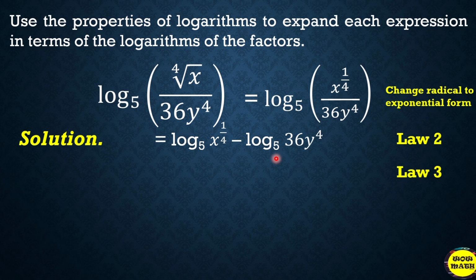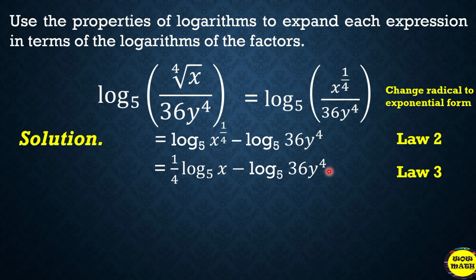And then, okay, using the logarithm of a power, so yung exponent natin, lagay natin sa unahan ng logarithm natin. So, that is 1/4 logarithm of x with base 5 minus logarithm of 36y to the 4th power.